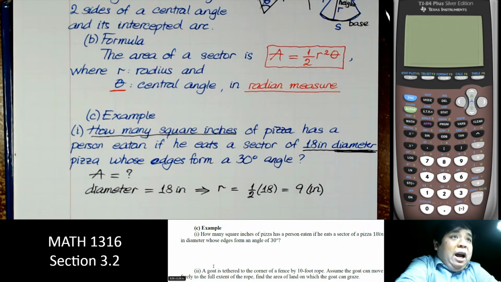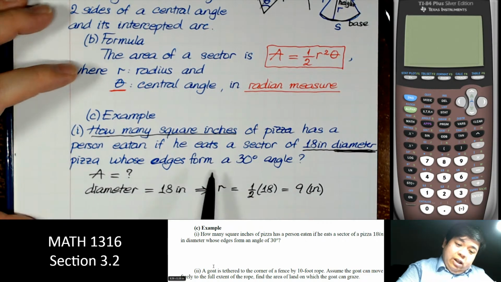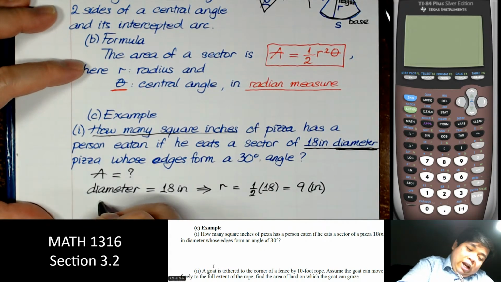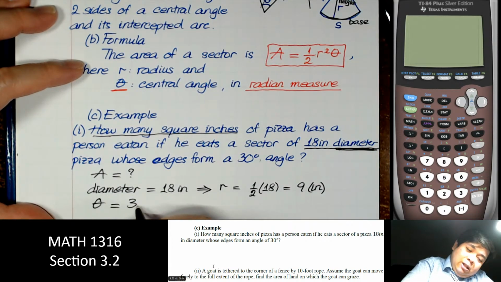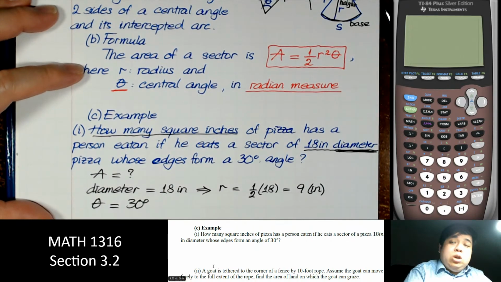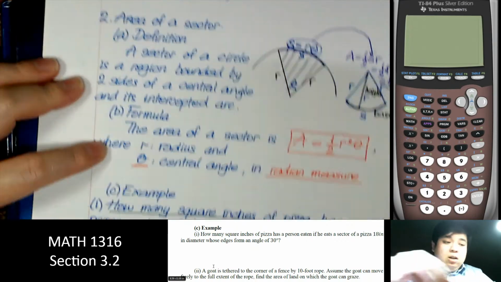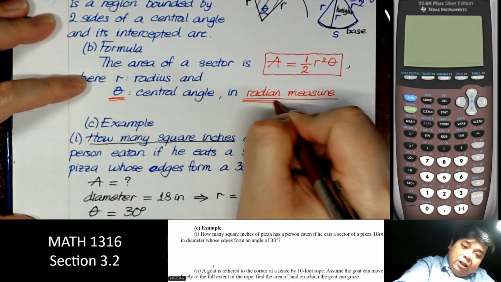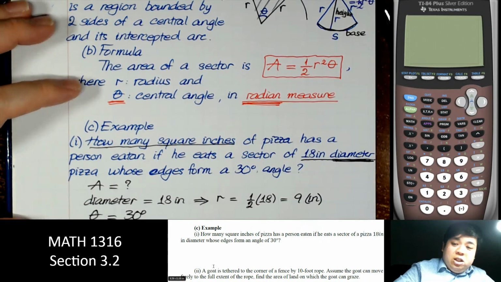The edges form a 30-degree angle. We know the angle is 30 degrees, which is good. However, theta has to be in radians. So we'll change to radians.